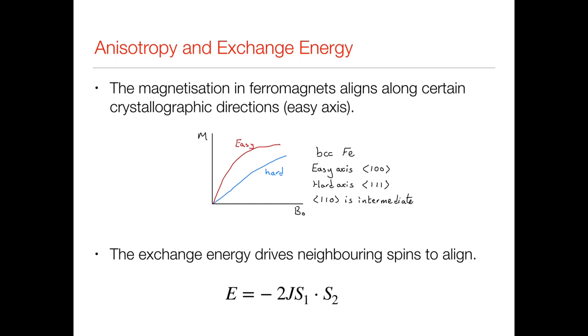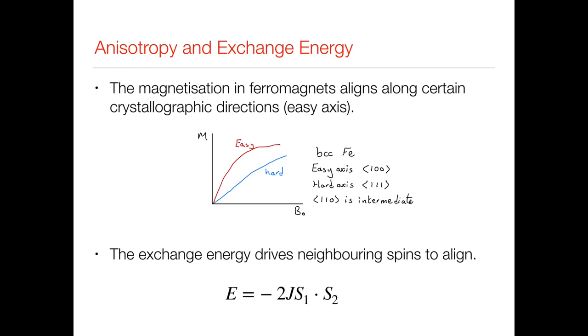Sometimes this is referred to as magnetocrystalline anisotropy. It's really quite a small energy in many materials. In the transition metal magnets, it's actually really quite tiny. If you look at nickel, this actually reverses, and 111 is the easy axis in nickel, and 100 is the hard axis.